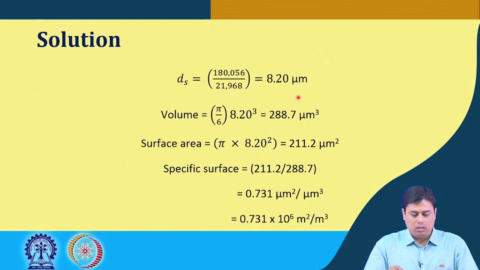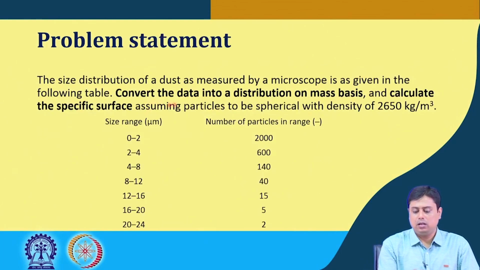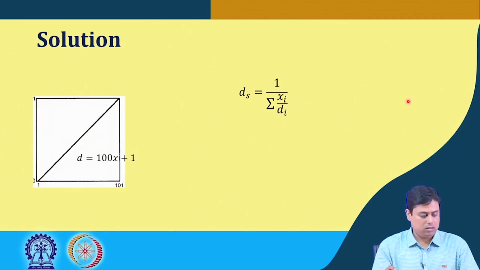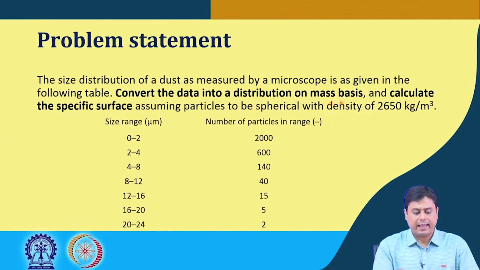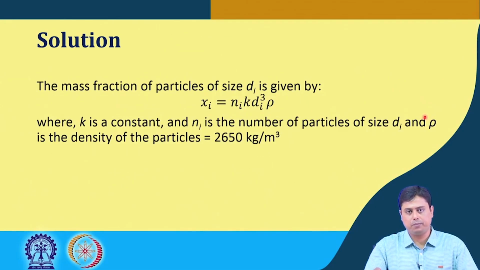Now the question was to calculate specific surface assuming particles to be spherical with density 2650 kg per meter cube.